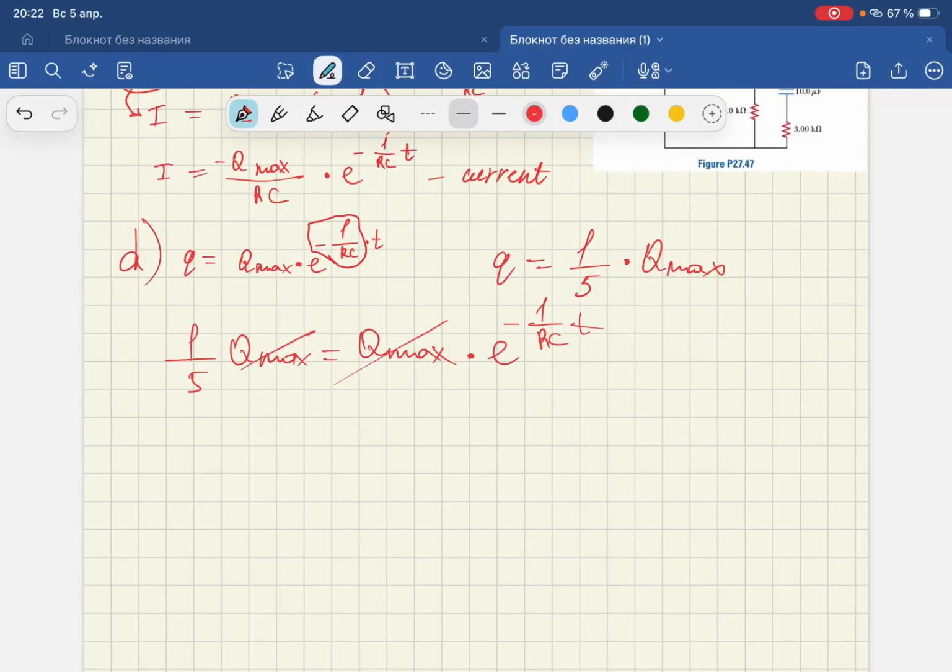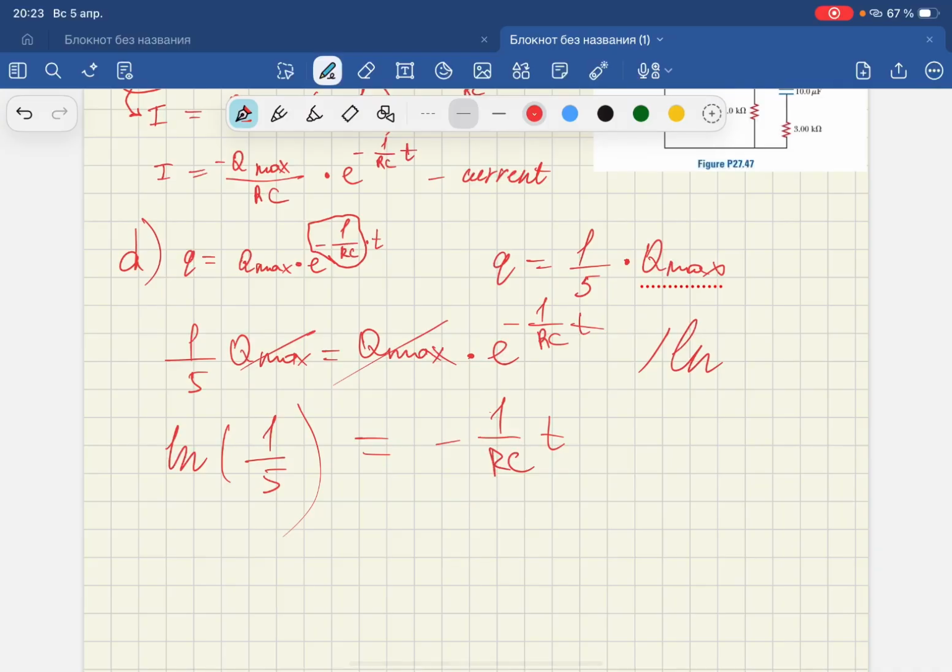After canceling the Q maxes, I will take ln: ln of 1 divided by 5 equals minus 1 divided by RCT.